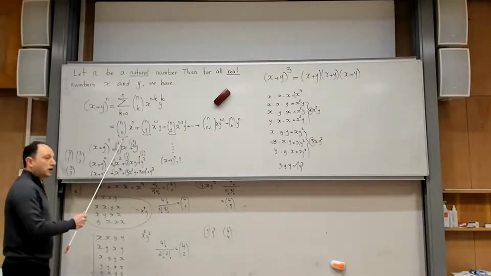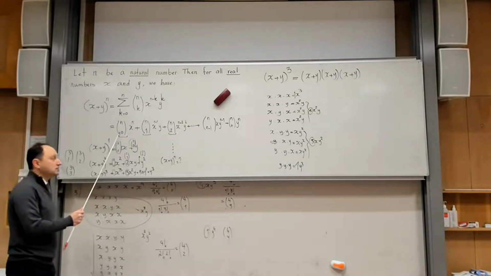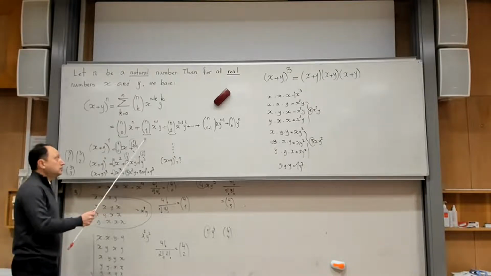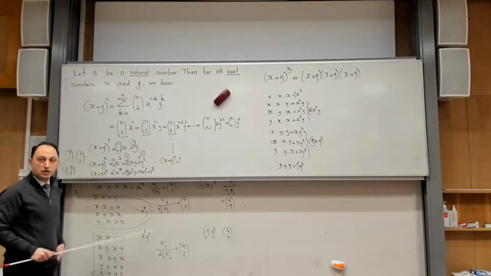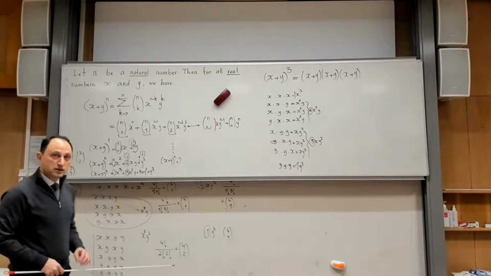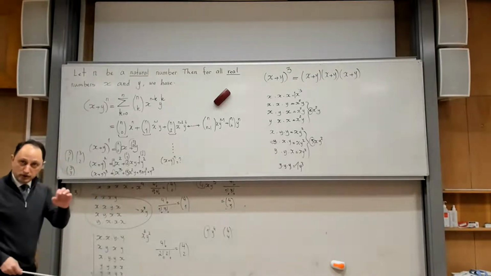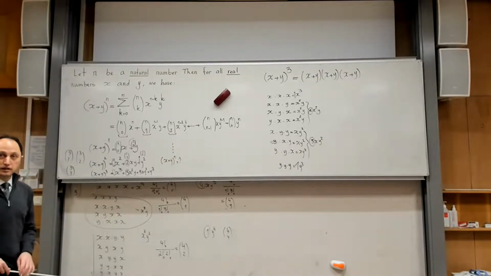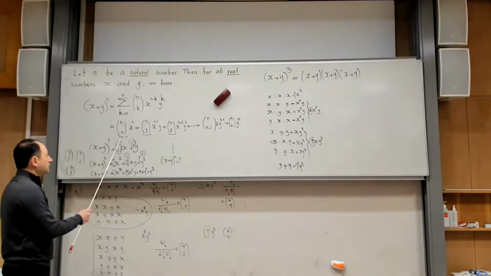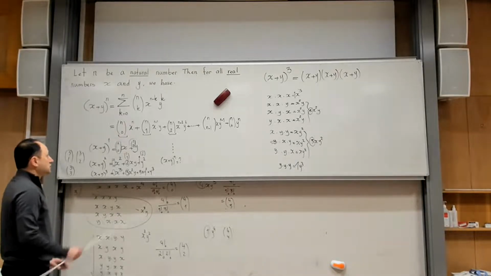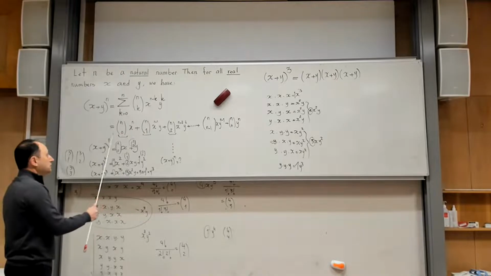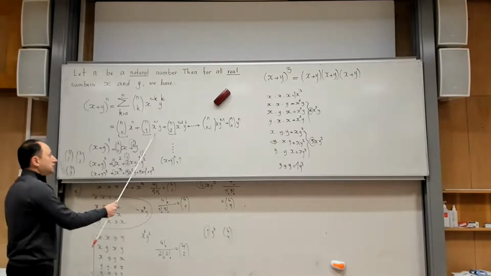This is term number 1. But remember, k is 0. This is term number 2, but k is not 2. K is 1. So k is not the term number. It is the term number minus 1. So here k is 0, the term number is 1. Here k is 1, the term number is 2.